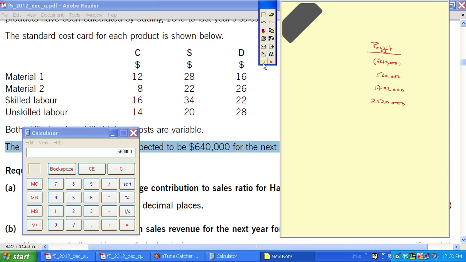Here we had made 0 units, the 560 came from 20,000 units of C, then we made 22,000 of S to give us this, then finally we sold 26,000 of D to give us 2,520.